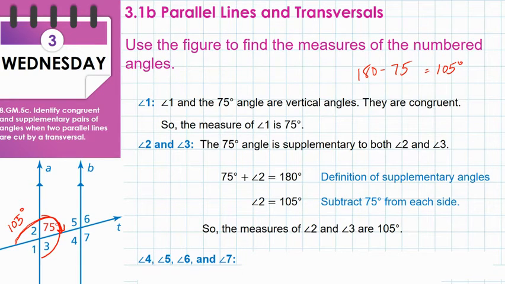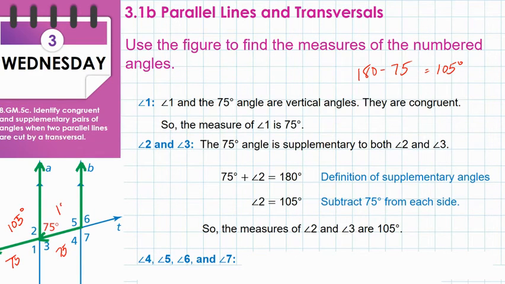Angles 4, 5, 6, and 7. We already know angles 2, 3, 1. Angle 1 is 75, which makes angle 4 75 because those two angles are corresponding. Angle 2 and angle 5 are both corresponding angles.